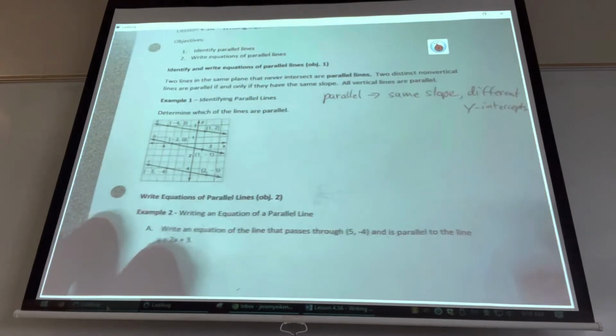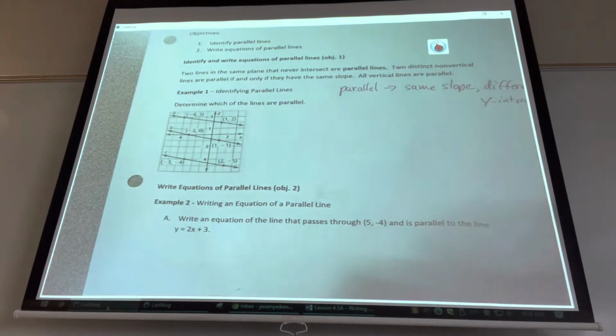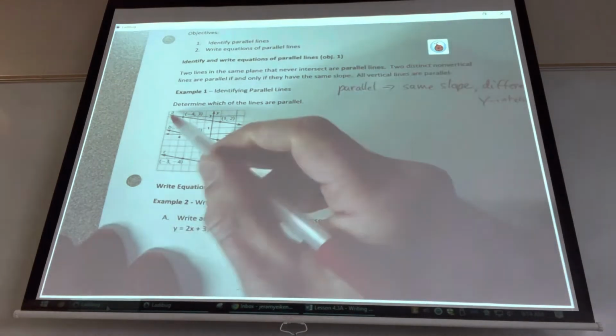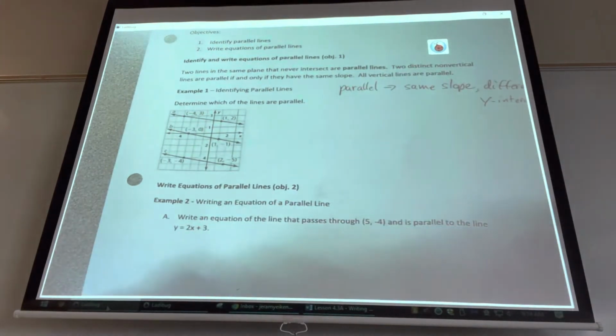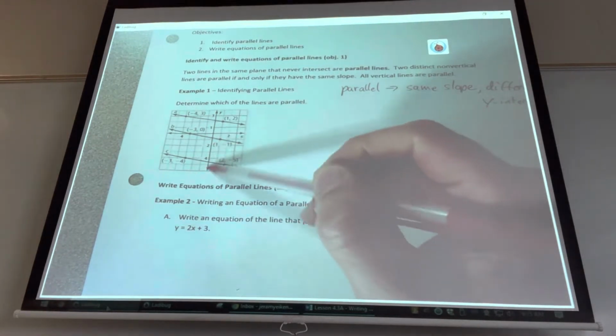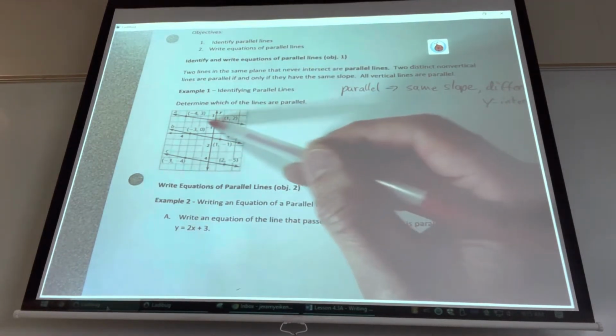So for example one here, we're given some lines. We got line A, B, and C, and they're saying which of these are parallel. Sometimes you can just look at them and be pretty sure about it. When I'm looking at it up there, it kind of looks like these two are parallel, and this one's not, but I'm not sure.